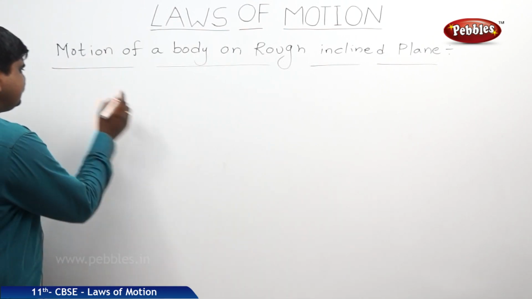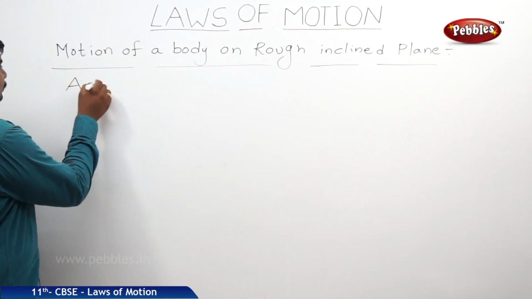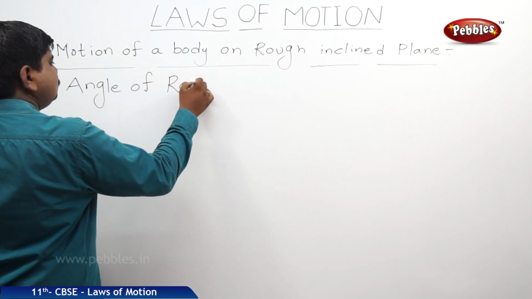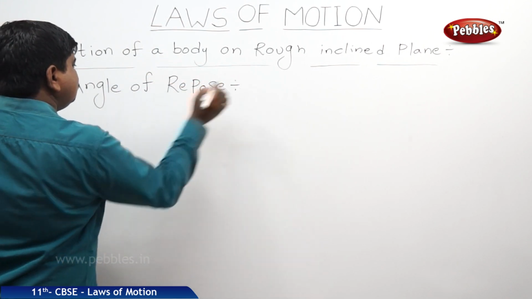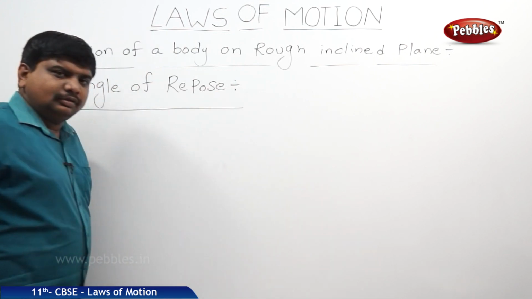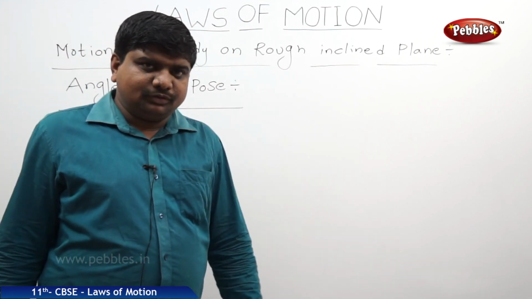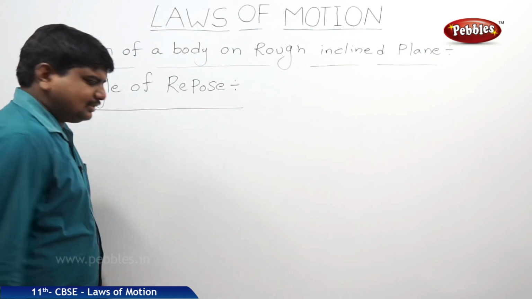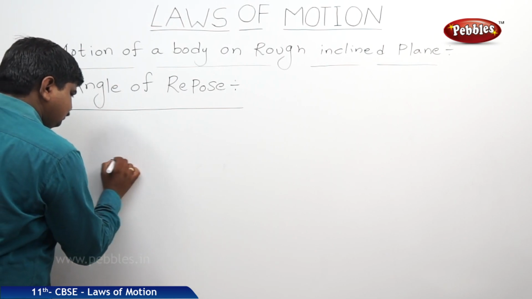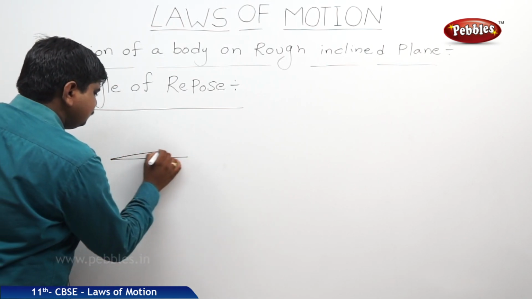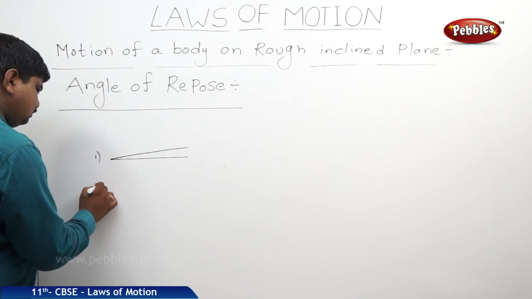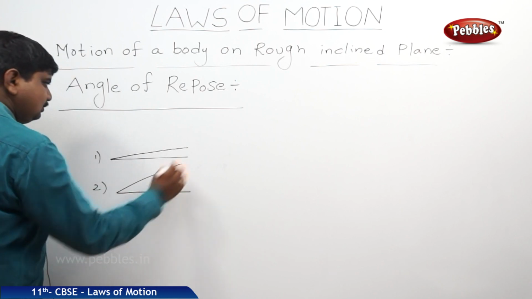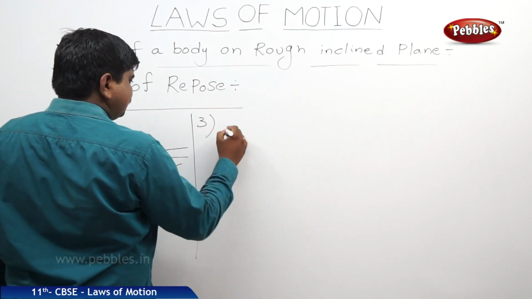The next concept is angle of repose. What is the meaning of this angle of repose? Let me check some inclined planes with varying angles. This is one inclined plane. This is another inclined plane, as well as this is the third inclined plane.